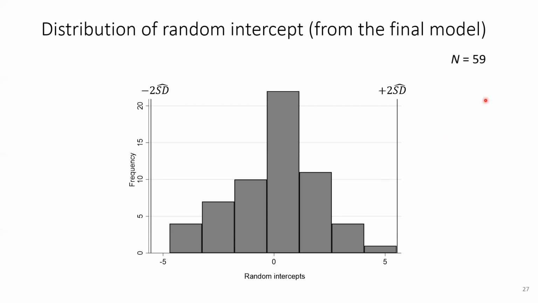Because in our model we assume the random intercepts are distributed normally, we should see a normal distribution of random intercepts. And then I also added 2 vertical lines, which represent minus and plus 2 standard deviations, which I was explaining using hand-written graphs.